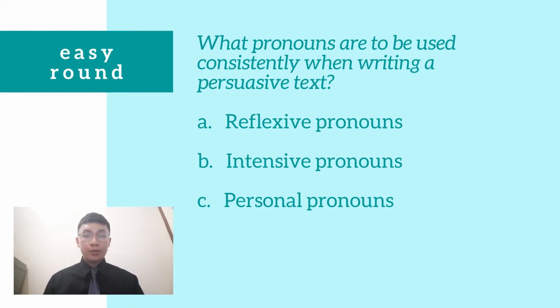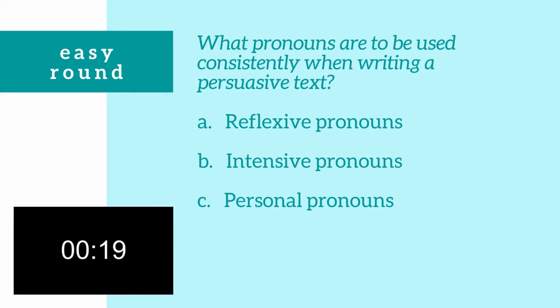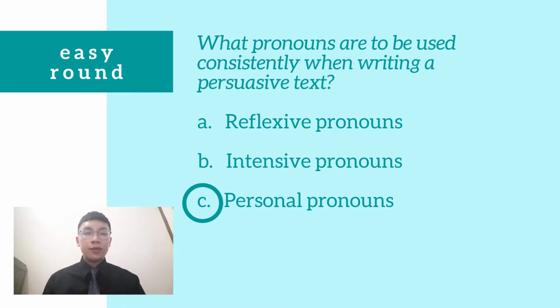Question number 3. What pronouns are to be used consistently when writing a persuasive text? A. Reflexive pronouns. B. Intensive pronouns. C. Personal pronouns. The correct answer is letter C, personal pronouns.